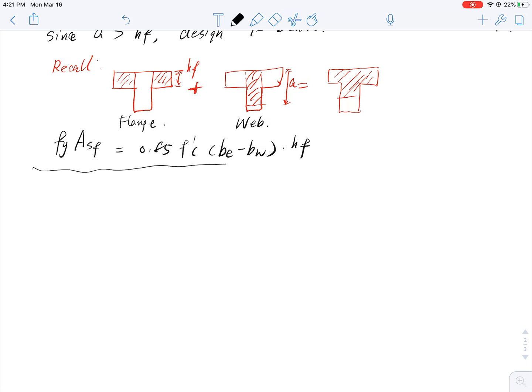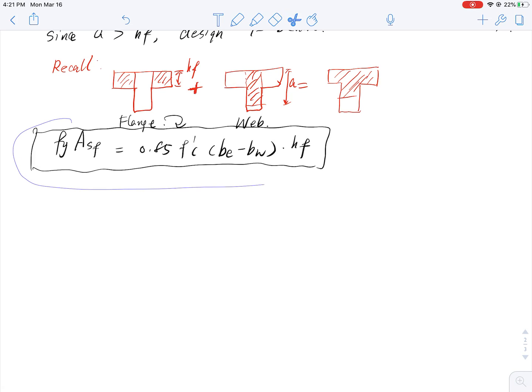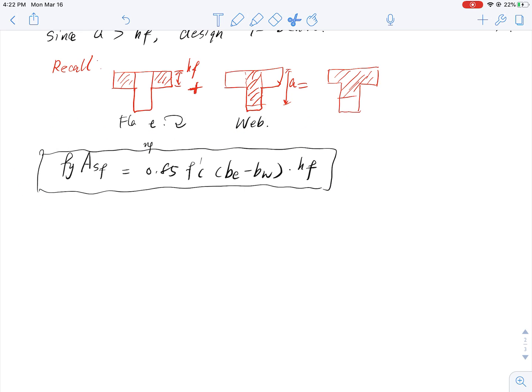All right, so this is about the flange part. So from here, I know that Asf from the flange should equal to, before that, okay, let me just move down a little bit.